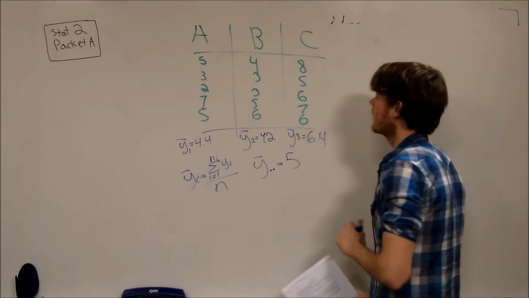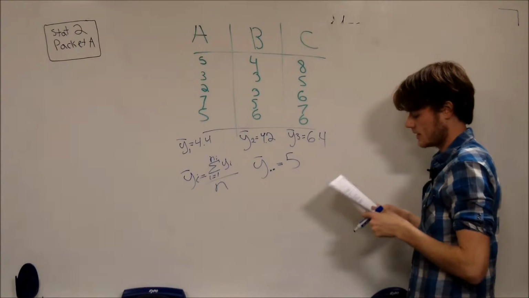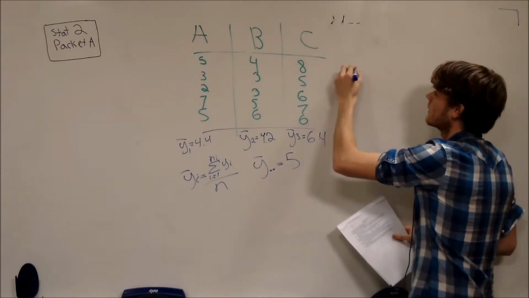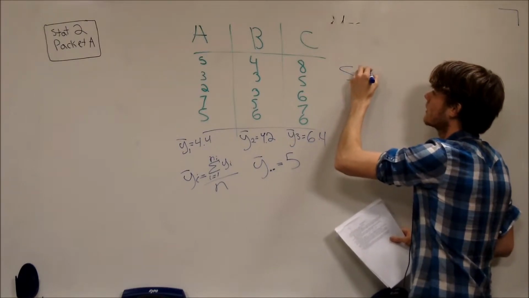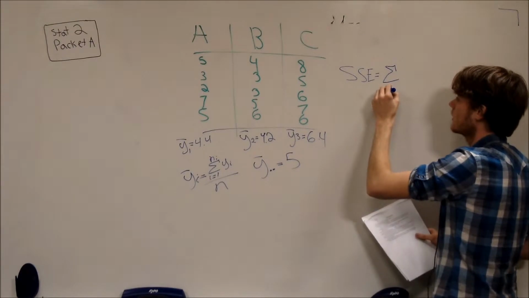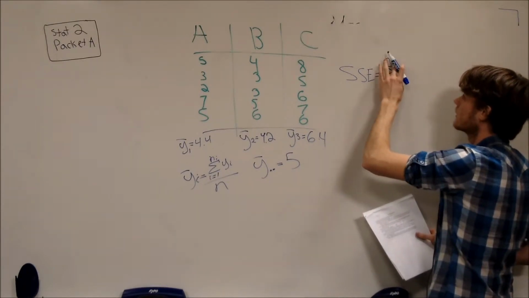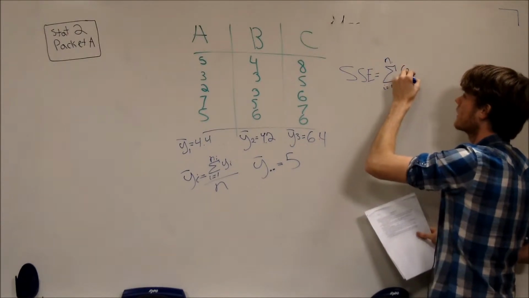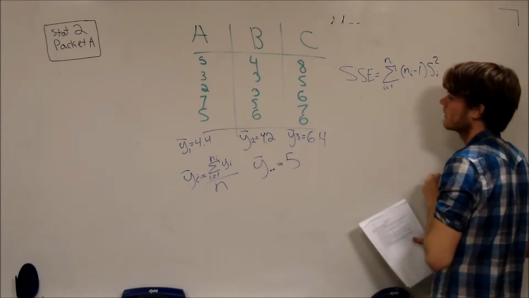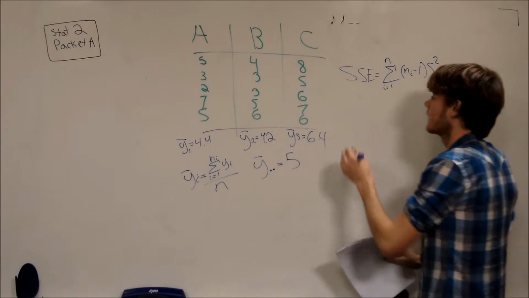Okay, in order to find SSE and SSG and all that, when you're dealing with ANOVA, SSE is the sum from i equals 1 to n of (n_i minus 1) times s_i squared. Oh no, we don't have s_i squared. How do we find it?